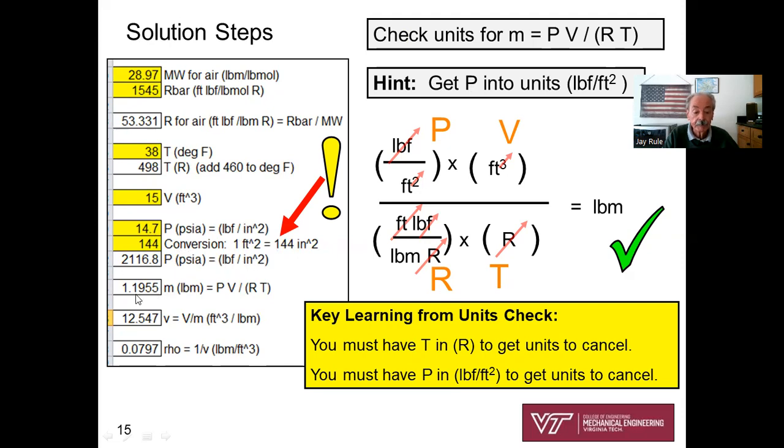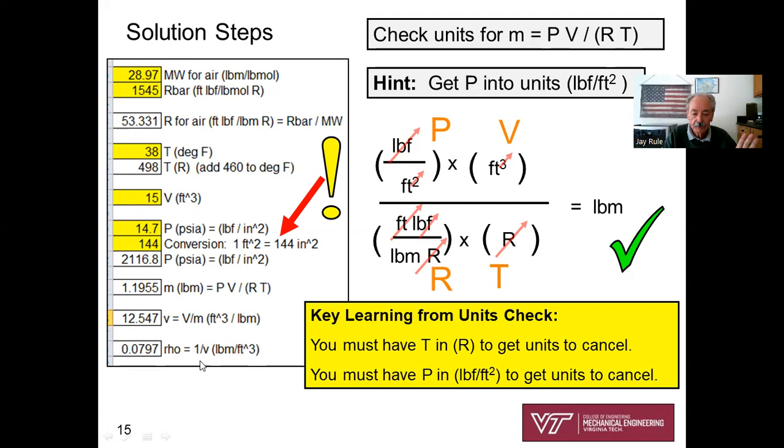Okay, so the mass then is PV over RT of 1.1955. Okay, make a little note. This pressure. I think with your eyes you can see my blunder, correct? Okay. The mass, 1.196 pounds mass. Now, it's easy sailing here. The specific volume, let's just remember the definition of specific volume. The volume divided by the mass, or 12.55 cubic feet per pound mass.